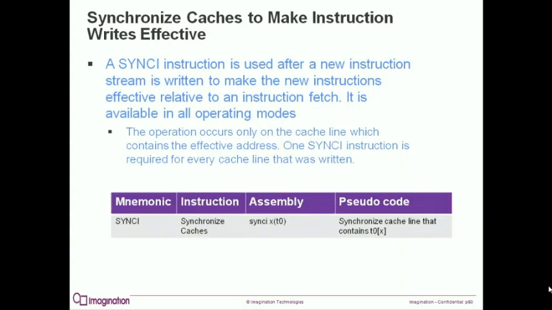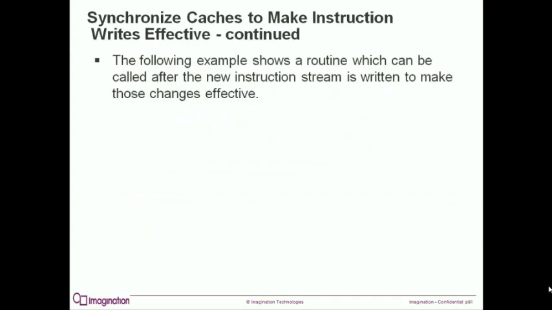You pass the address to the sync I instruction using a register with an immediate offset. Here is an example of an assembly function that can be used after code has been written into memory to synchronize the caches.